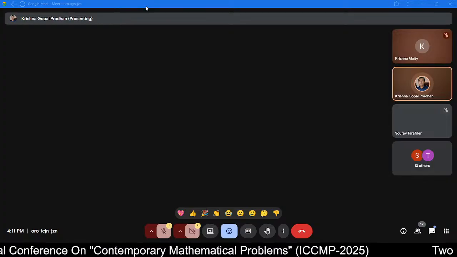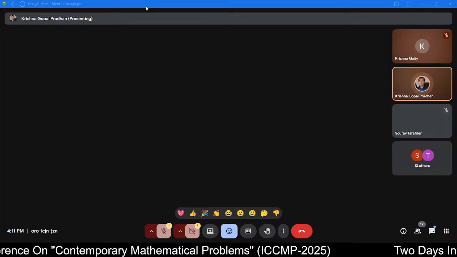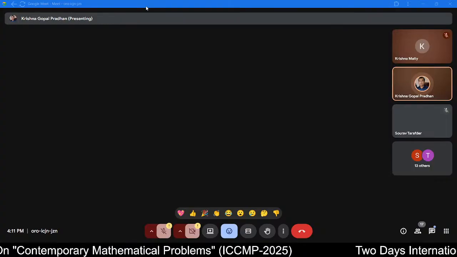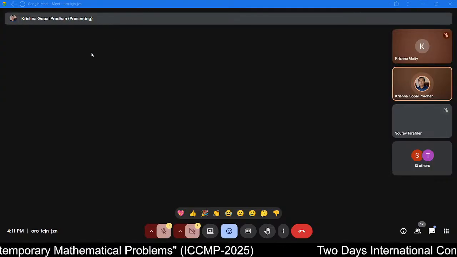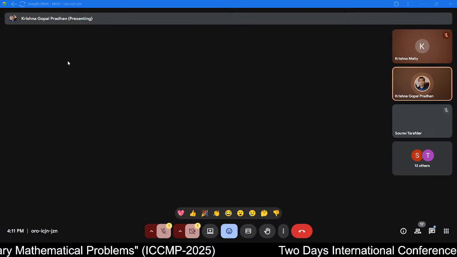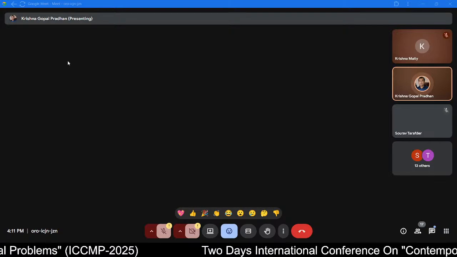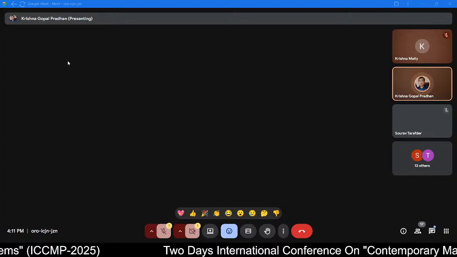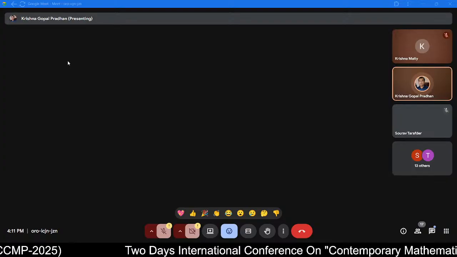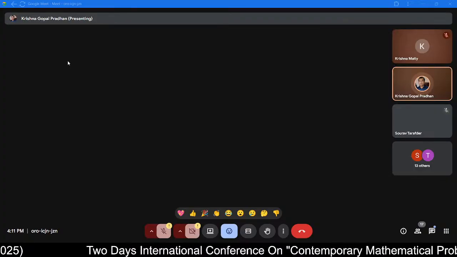First of all, we define a few classes of rings here. A ring R is called a prime ring if whenever aRb equals 0 for a, b belongs to R, it implies either a equals 0 or b equals 0.